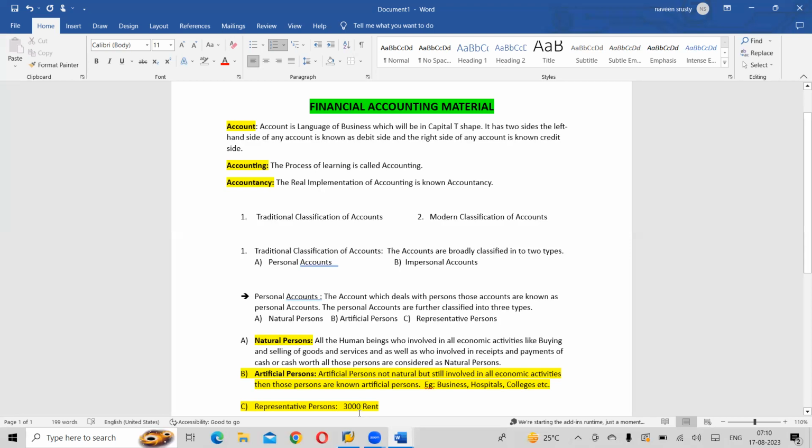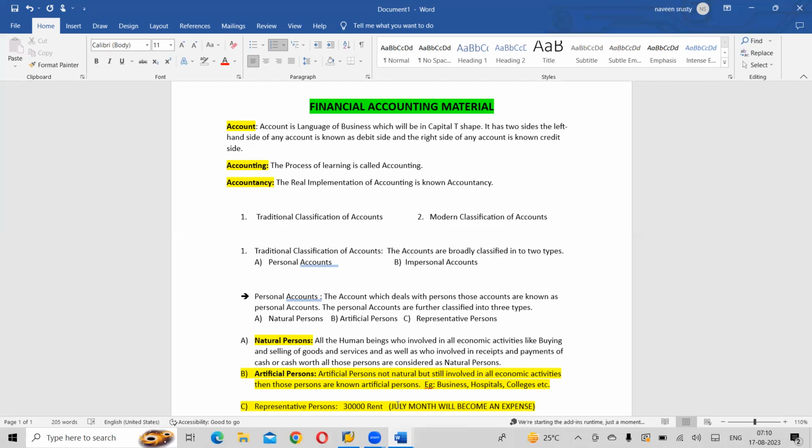So for July, consider that we are still in July. For July month, this 30,000 rent will become an expense, correct? Now say we are in August.